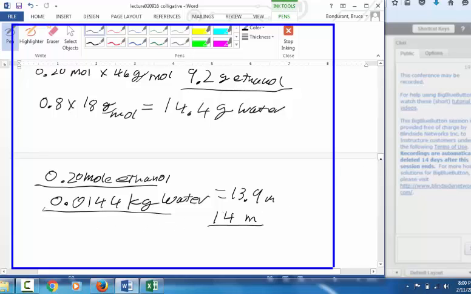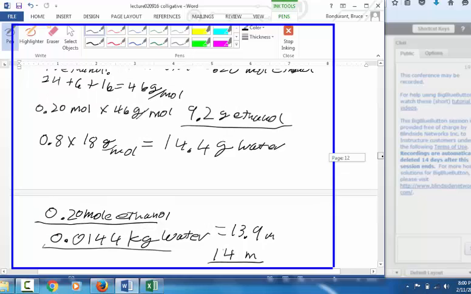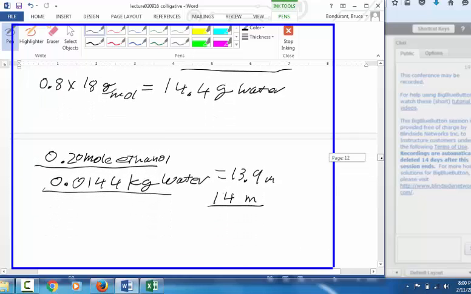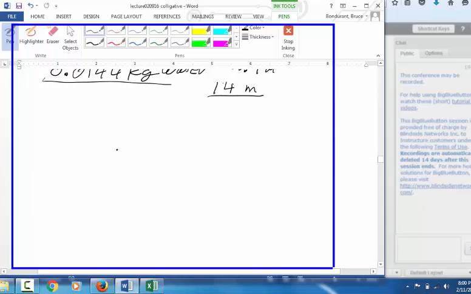Okay, let's look at percent. That's the mass of ethanol over the mass total, and we have both. So we take 9.2 plus 14.4, that's 23.6 grams.